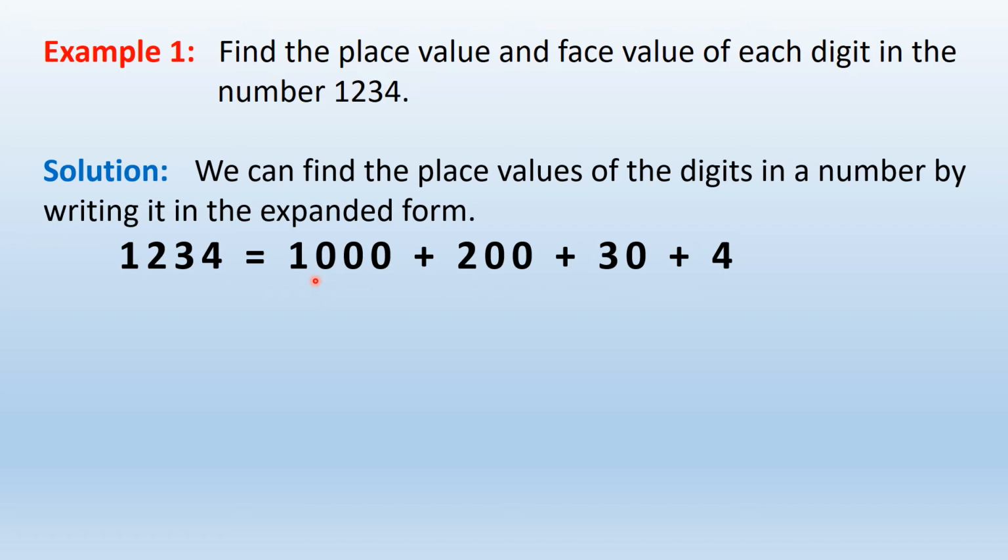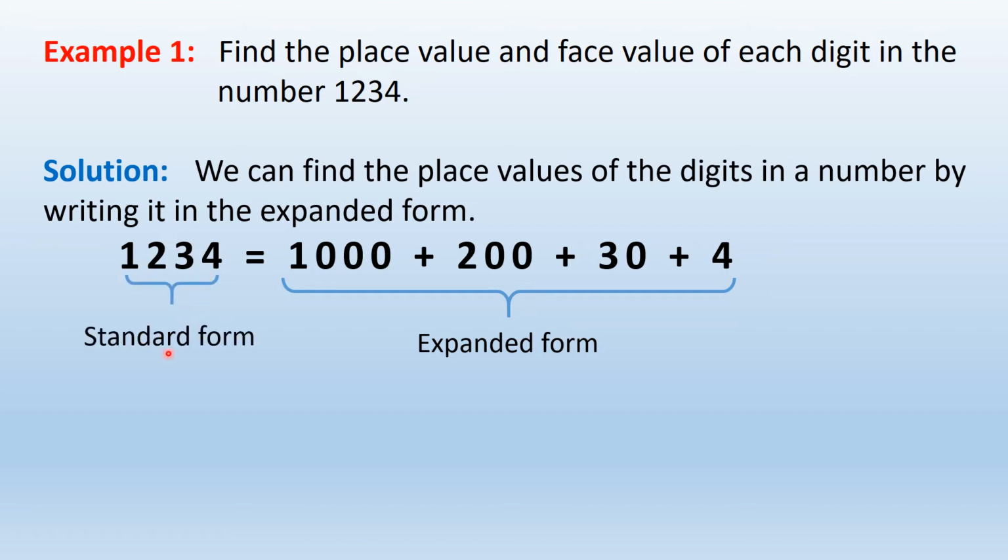So 1000 plus 200 plus 30 plus 4. This is the expanded form of the given number, and the number written in this form is called standard form of the number. Remember the names.